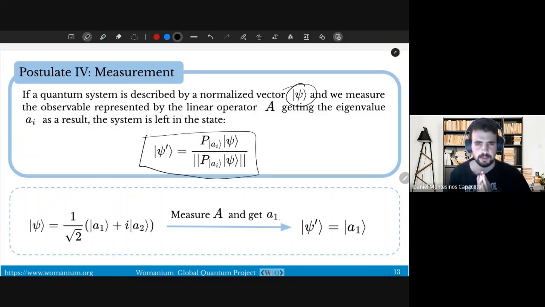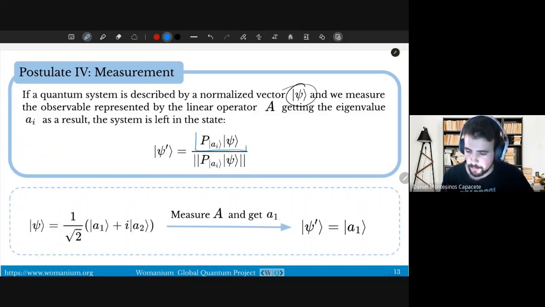I believe that this expression is quite ugly, or maybe it looks very complicated, but at the end you are just projecting on the space of your eigenvector and dividing by the norm of this same vector. If you call this, I don't know, W, here you have the norm of W, right?